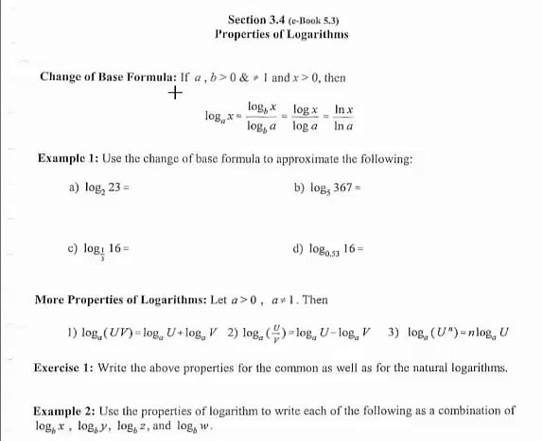We know that a logarithm is the inverse of an exponential function, and we also know how to take a logarithmic or an exponential function and change back and forth between those two forms of equations.